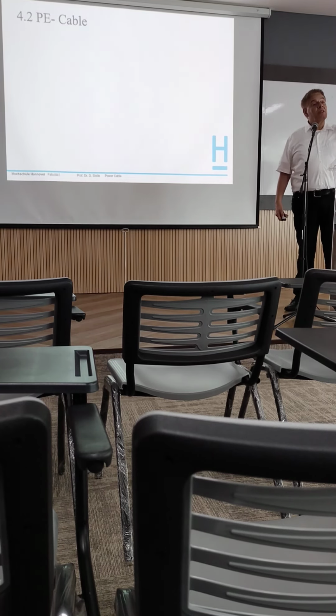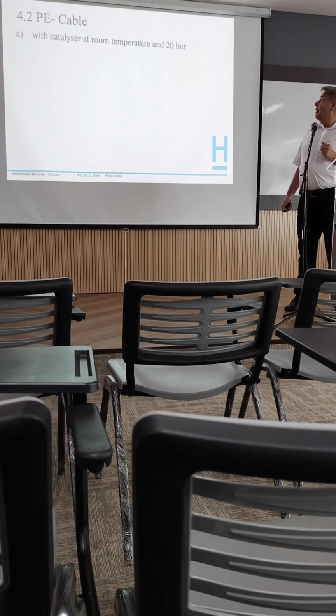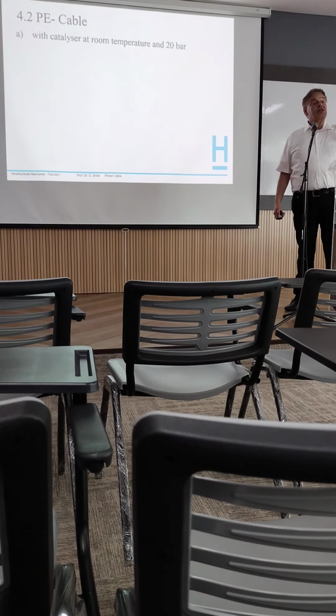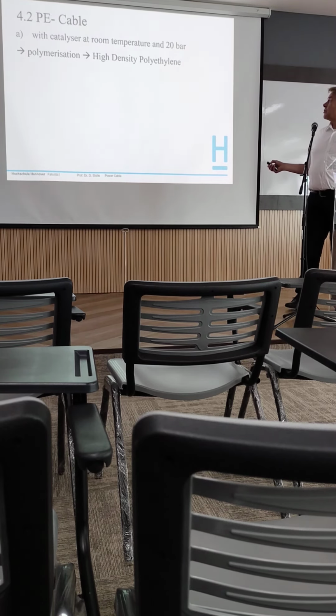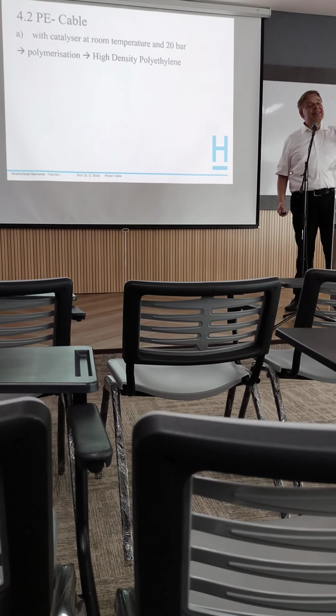Then we talk about the material polyethylene. There are two sorts of polyethylene that are produced. The one is produced with a catalyzer at room temperature and 20 bar. Then there is a polymerization, and we say it's a high density polyethylene.